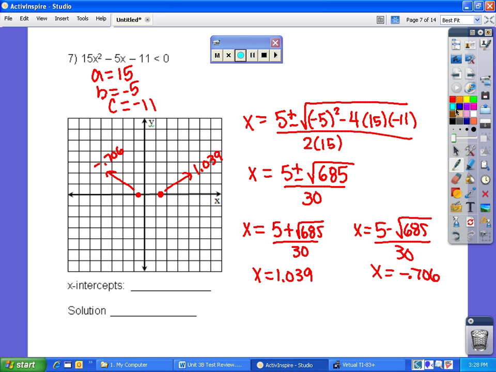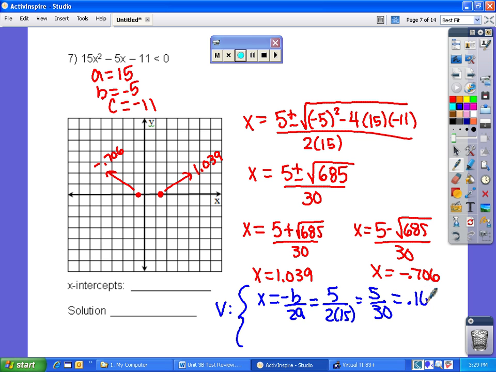Now for the vertex. First you find the axis of symmetry. Negative b over 2a, which is 5 over 2 times 15, which is 5 over 30. And that's equal to 0.167. Now when you're plugging it in, you want to keep it as 5 over 30, because if you don't, it's going to round incorrectly.